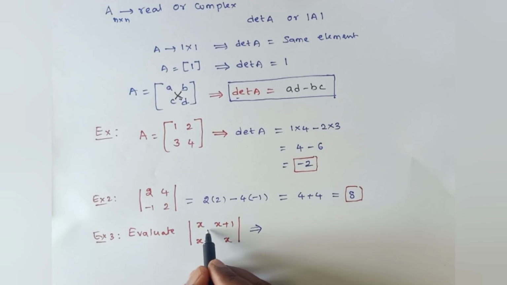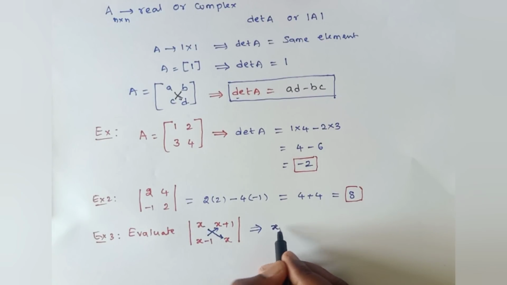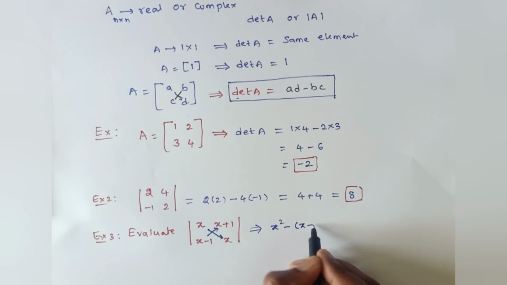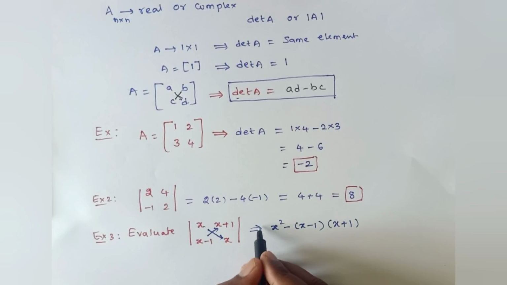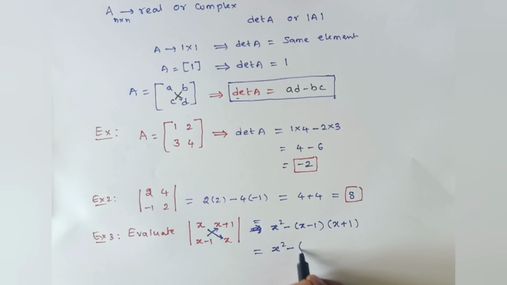So here also you need to multiply these two diagonals. Now x into x is x square, and minus x minus 1 into x plus 1. Now this is equal to x square minus, now it is of the form a minus b into a plus b, so that it is a square minus b square, x square minus 1 square.